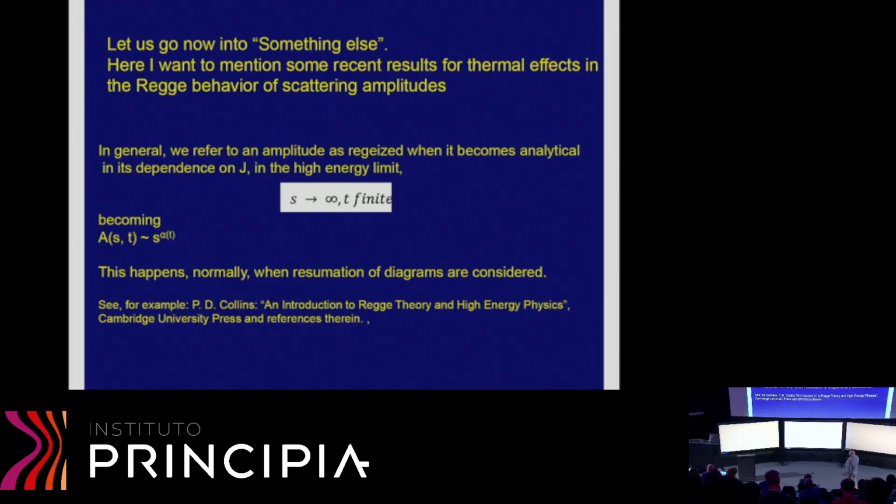And we say that alpha of t is the trajectory of this amplitude. This happens when resummation of diagrams is considered. You can see this, for example, in the book by Collins, an old book but actually a fantastic book, Introduction to Regge Theory and High Energy Physics.